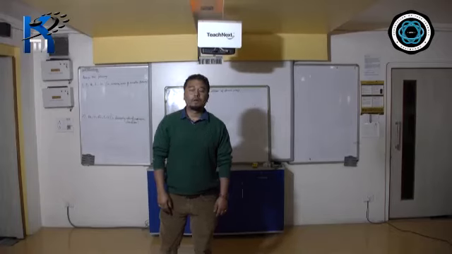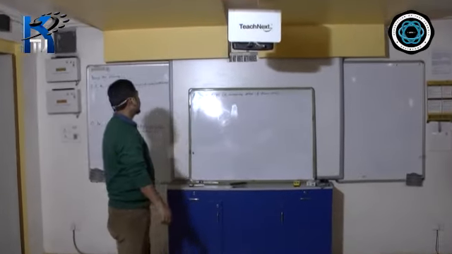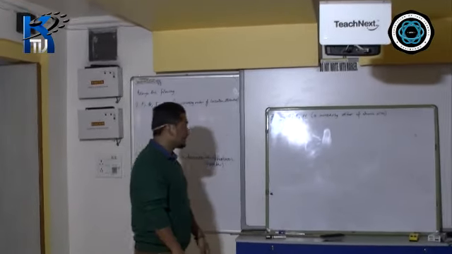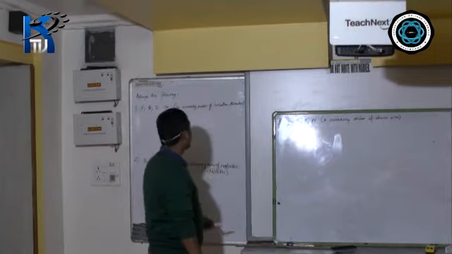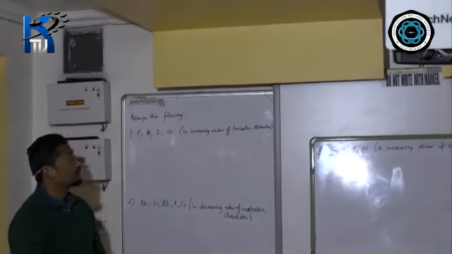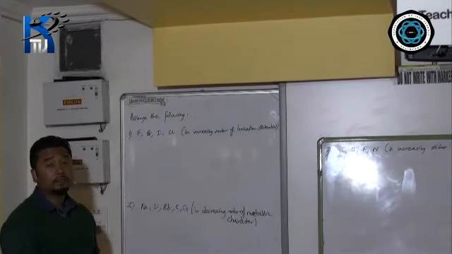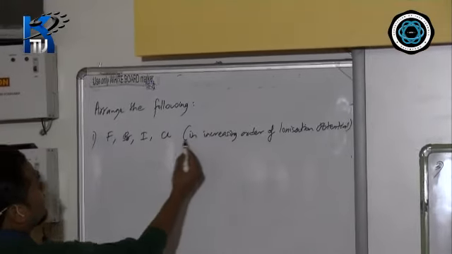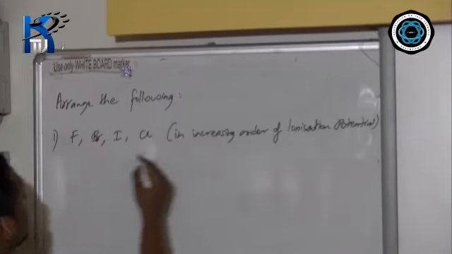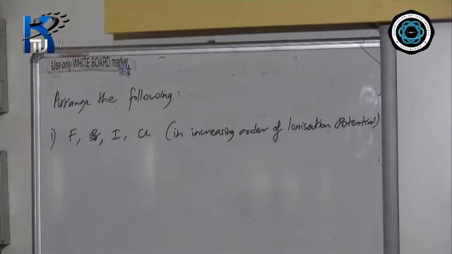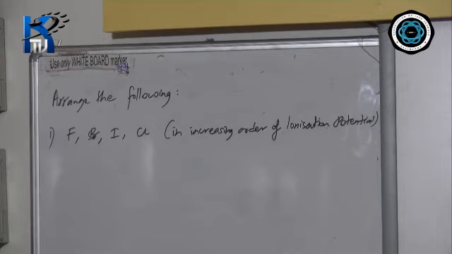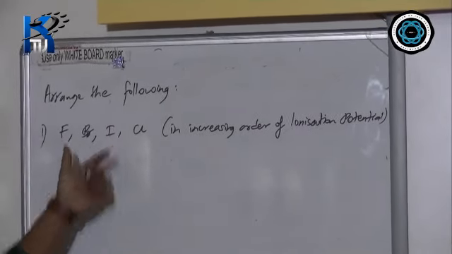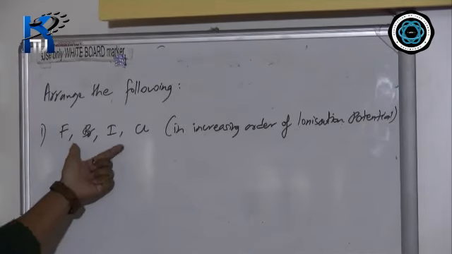Okay, now I'm going to teach you how to arrange these elements in increasing or decreasing order of the properties which I have discussed earlier. I've given you three examples of how to arrange, and this comes everywhere, mostly in your ICSE board exams. Arrange the following elements in increasing order of ionization potential, the question is saying. First of all, you have to see whether these elements are of a period or a group, as seen in the periodic table.